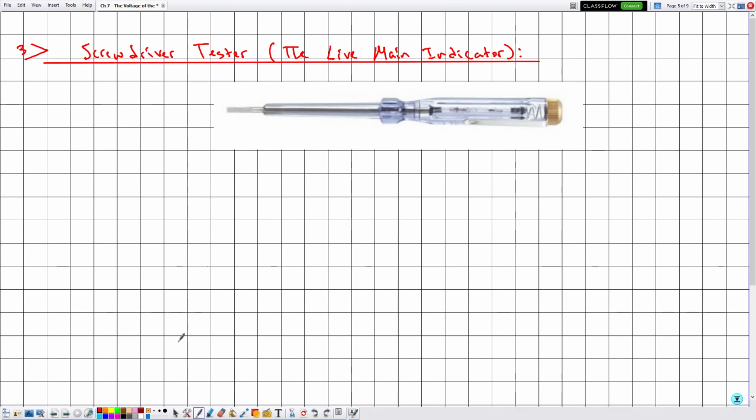And let me write idea number 1, which is given by the screwdriver tester. So this is one word.